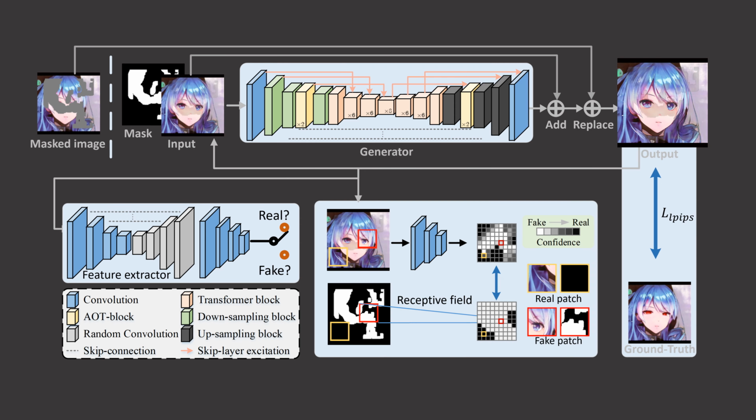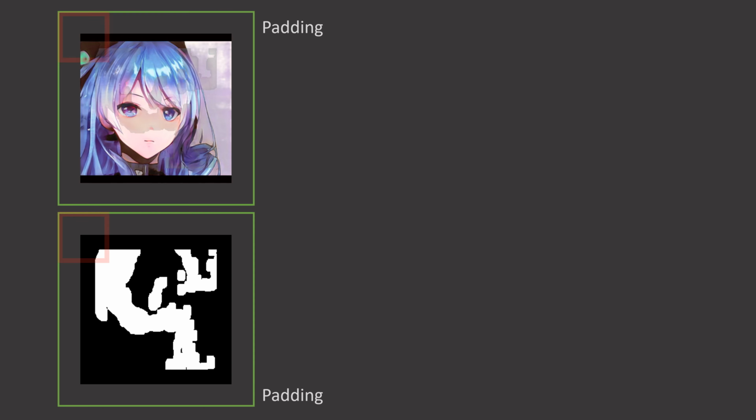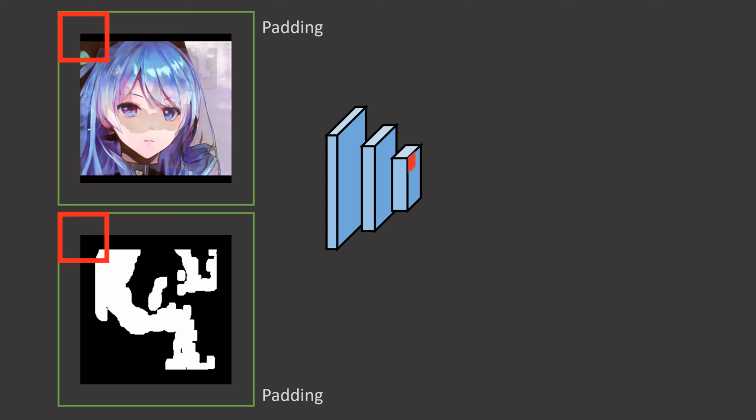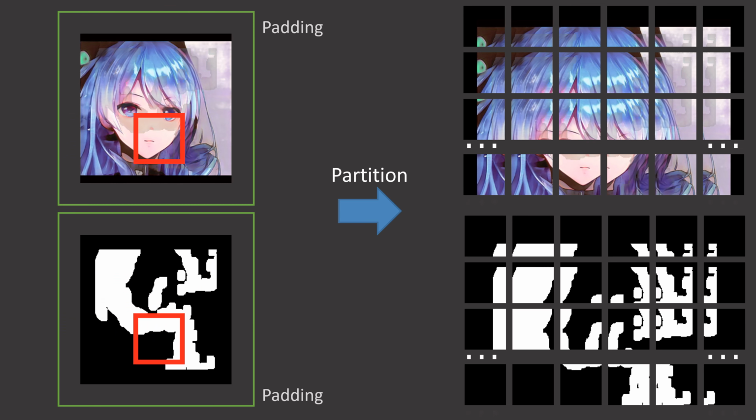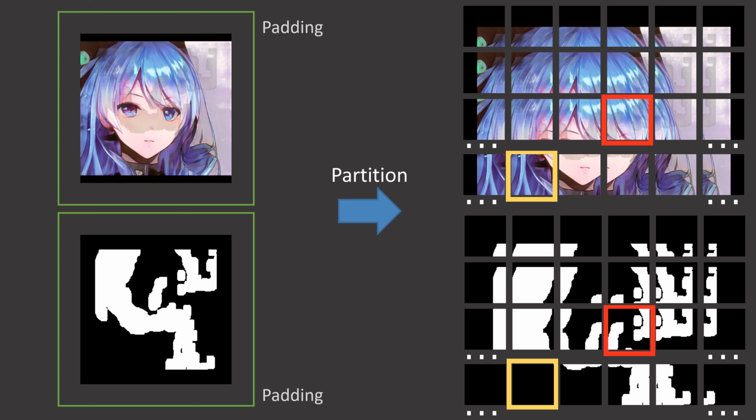Now we describe how the forgery patch discriminator identifies real and inpainted patches based on the receptive field of the discriminator. That is, each element of the discriminator's output prediction map corresponds to a specific image patch in the input image. We can directly partition the image and mask into partially overlapped sub-regions based on the receptive field of the forgery patch discriminator.